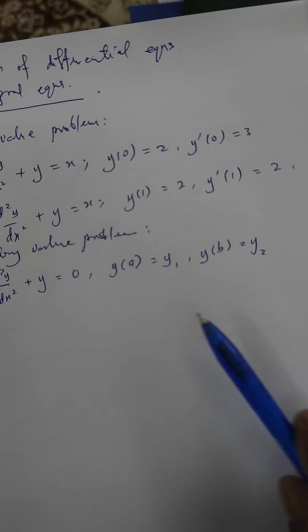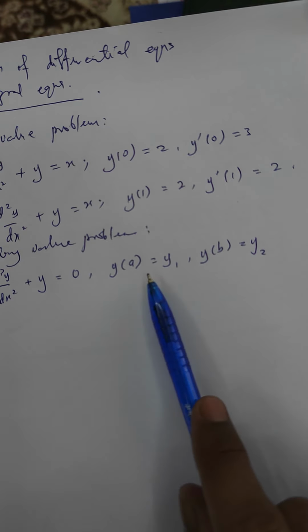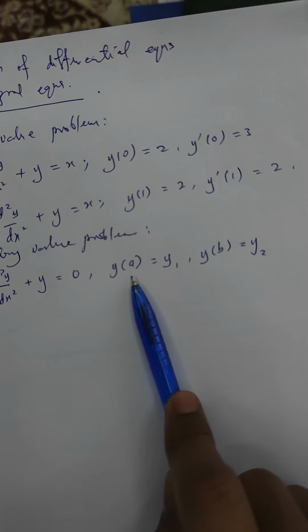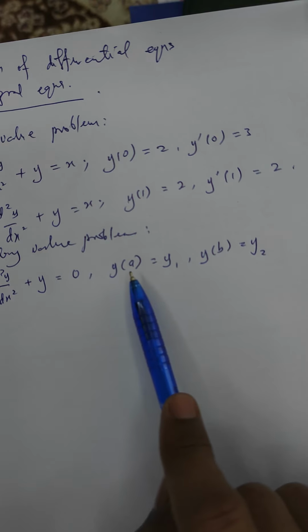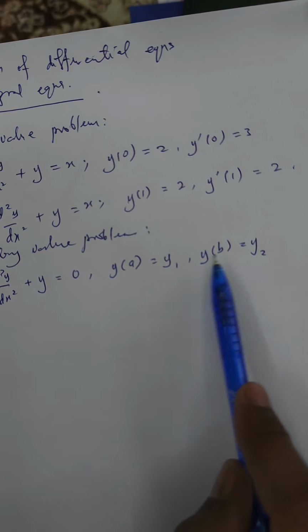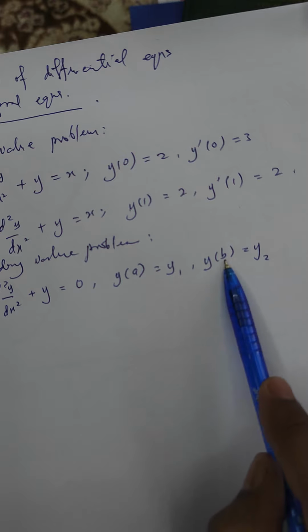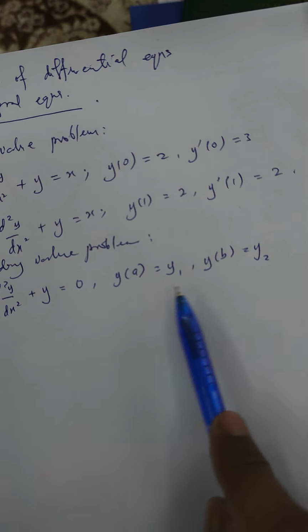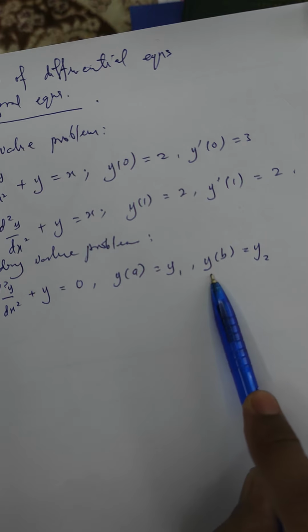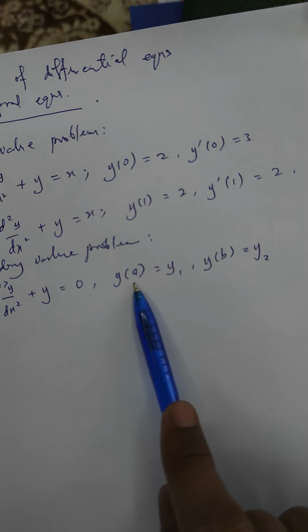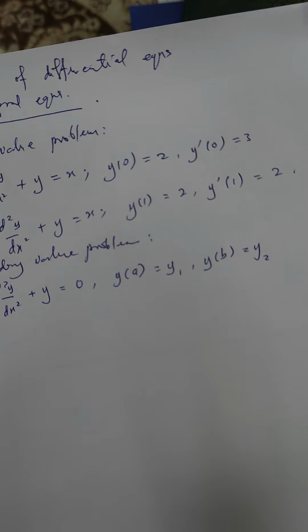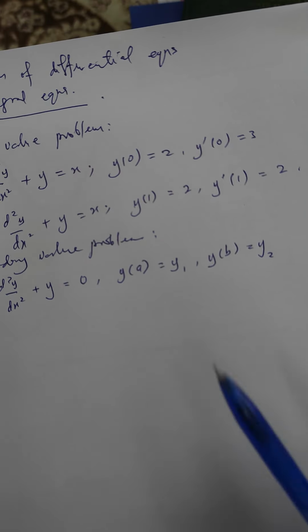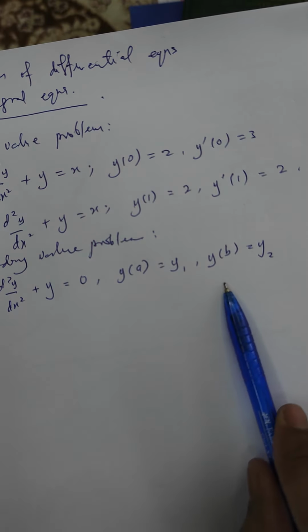Here we can see the one that changes is the independent variable, x equal to a and x equal to b, whereas the dependent variable is fixed at two different points. So in this case we call this a boundary value problem.